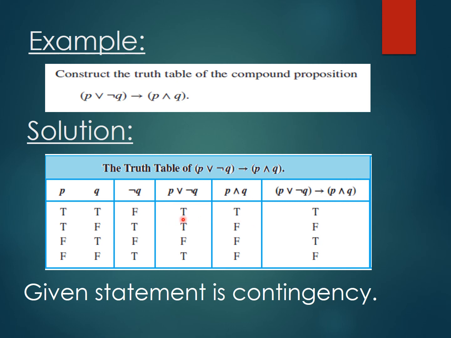First is true, second is true, so the answer is true. First is true, the second is false, so the answer is false. Both are false, answer is true. First is true, second is false, answer is false. As the answer column consists of both true and false values, the given statement is a contingency.